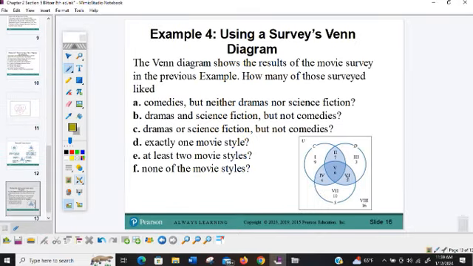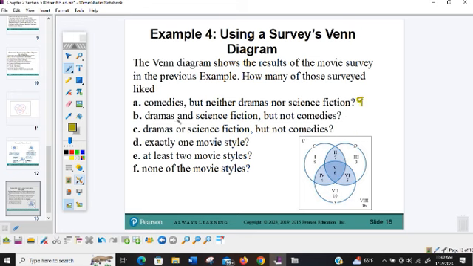So in example 4, here's our circles again. They're just a little bit prettier than ours. In this example, they ask, how many people like comedies but neither dramas nor science fiction? So we like comedies, but none of these 2 circles. That's just going to be those 9 people. They only like comedies.